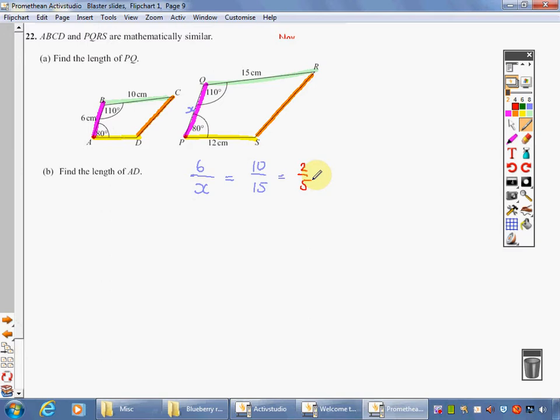I'm just going to rewrite what I've got. 6 over x has got to be equal to 2/5. Now this is nice and easy. To get to there I've had to times by 3, so I'm going to have to times by 3. 5 times 3 is 15, x equals 15. Not too tricky that one there.